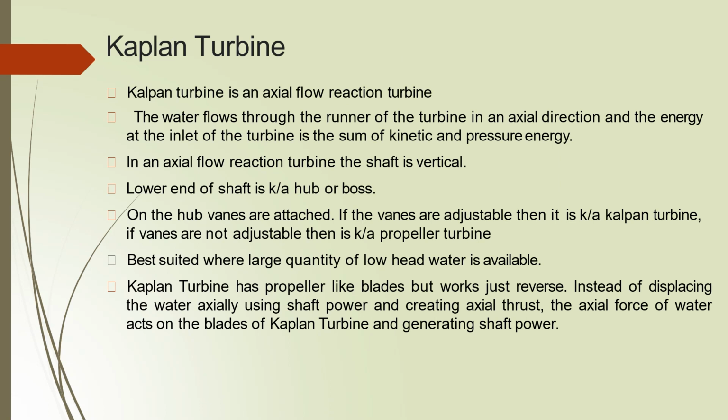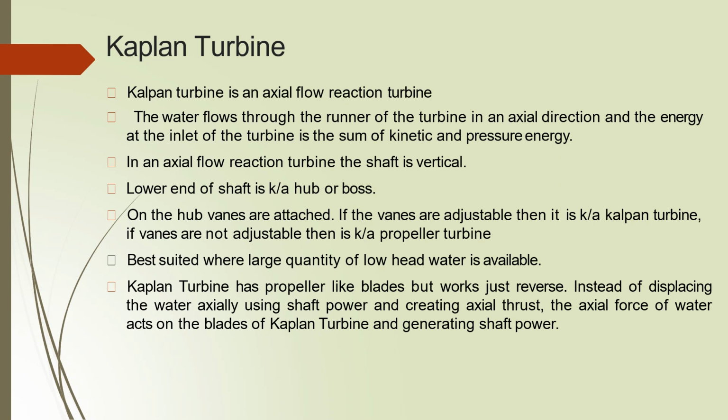In an axial flow reaction turbine, the shaft is always vertical. At the lower end of the shaft is a hub or a boss, and the hub vanes are attached. If the vanes are adjustable, then it is a Kaplan turbine. If vanes are not adjustable, then it is a propeller turbine.